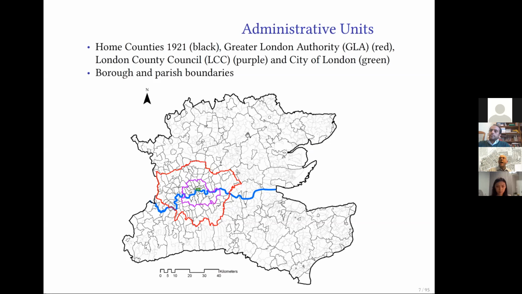The medium black lines are the metropolitan boroughs that I mentioned, and then the light gray lines show these finely detailed parishes on which we have population data. And as you see, they really provide this rich, high resolution information on economic activity going backwards in time.